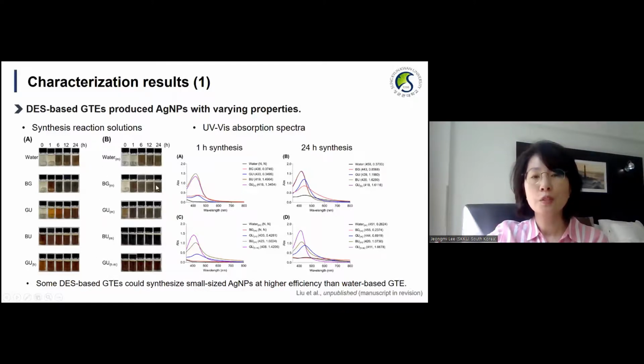From these results and also from this UV-visible spectrum that shows the surface plasmon resonance peak that is indicative of silver nanoparticle synthesis, we found that DES-based GTEs could produce silver nanoparticles with varying efficiencies and properties. What was more interesting was that some DES-based GTEs could synthesize small silver nanoparticles at higher efficiency than a simple water-based GTE.